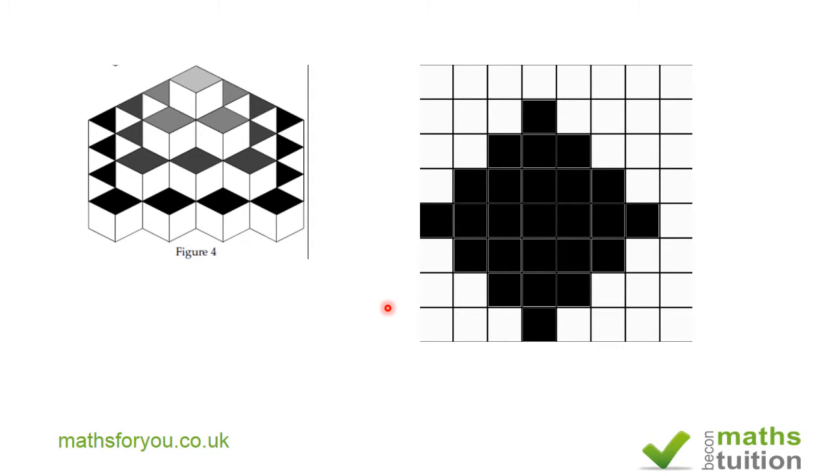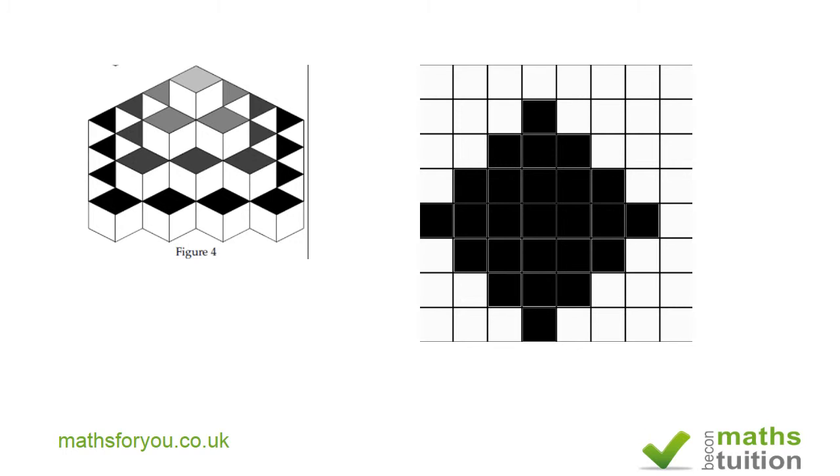As you can see, we've got 1, 3, 5, 7, 5, 3, and then 1. Now, can you check that that makes sense? So that's part B done.